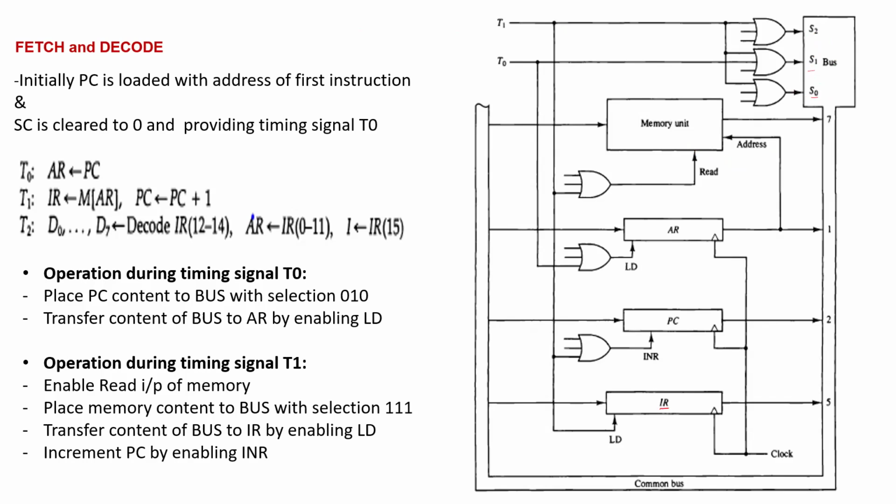Here we have multiplexers. Having 3 selection lines means we have 8 input ports and 1 output, since a multiplexer gives 1 output.